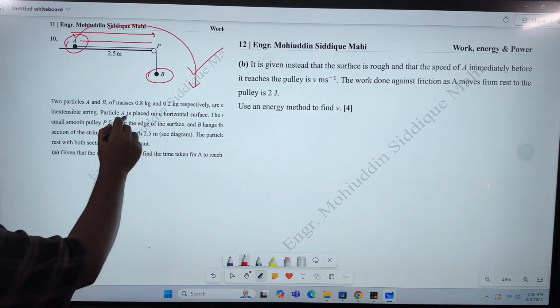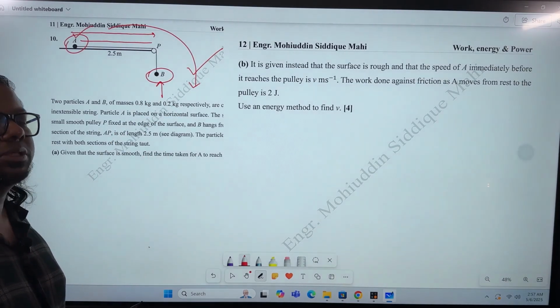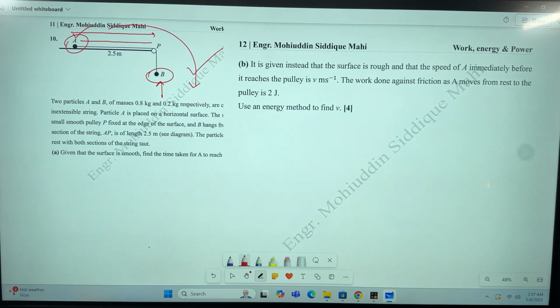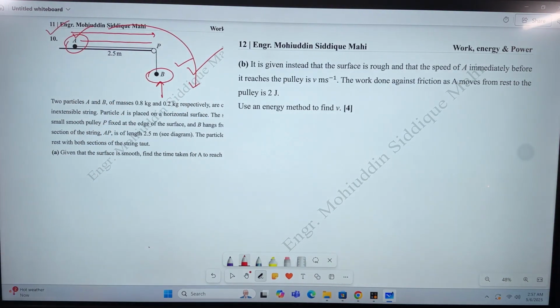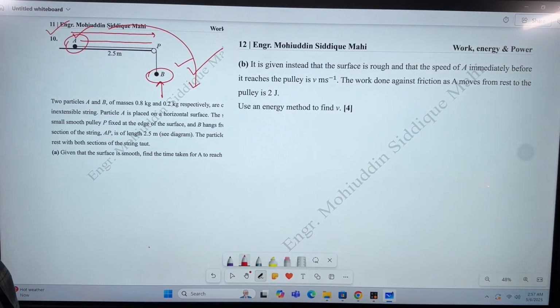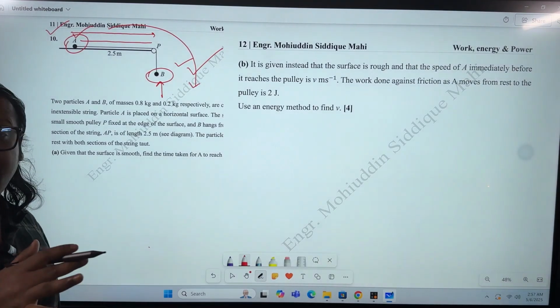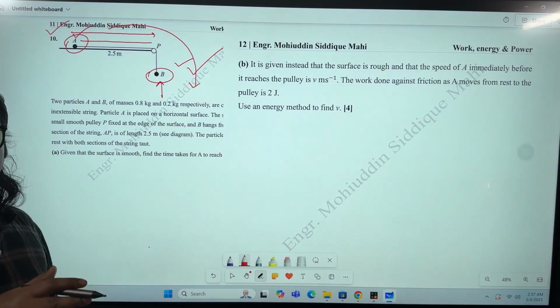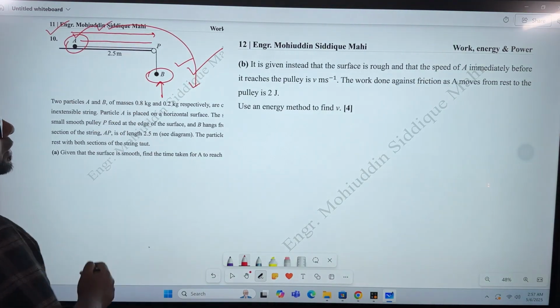So B is only losing gravitational potential energy, and that loss is converted to kinetic energy of both B and A, because the system will move at a constant rate, right? So the loss of gravitational potential energy of B will be converted to the kinetic energy of A and B, or you can say the kinetic energy of the whole system, and also to overcome the frictional force.